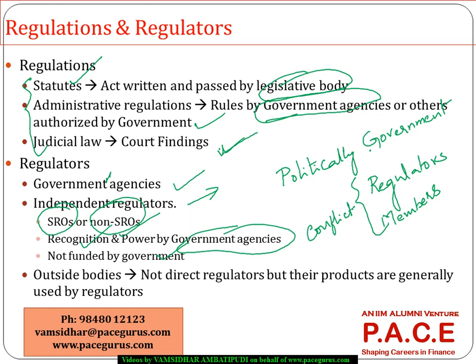When I say independent regulator, there is a government recognition associated with it. So a self-regulatory body does not need to be an independent regulator, as well as an independent regulator need not be a self-regulatory organization. So we just need to be careful on that dimension.